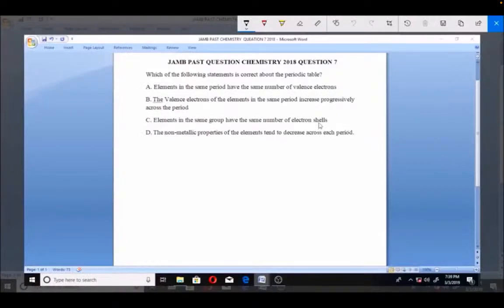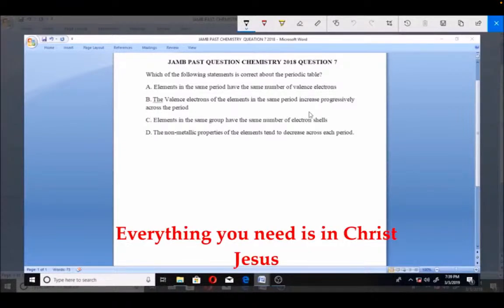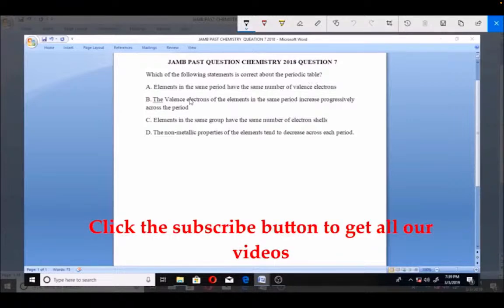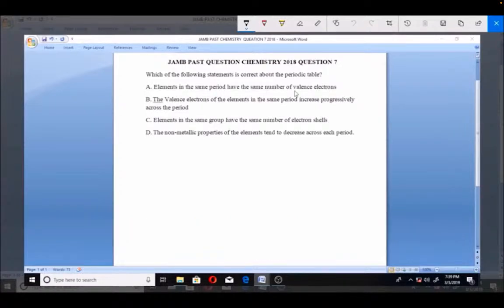Yes, welcome. Let's look at question number 7 from JAMB past questions, Chemistry 2018. Which of the following statements is correct about the periodic table? A. Elements in the same period have the same number of valence electrons.